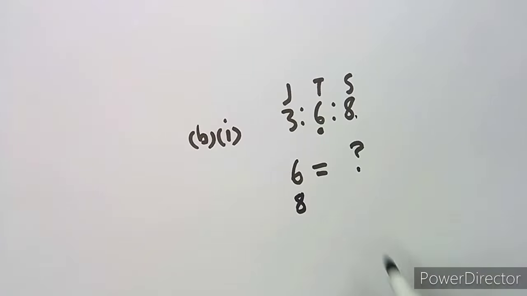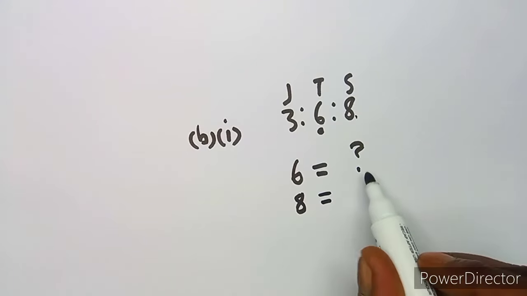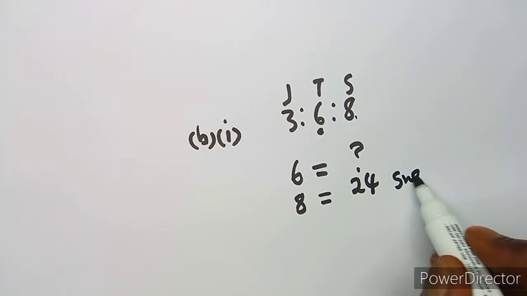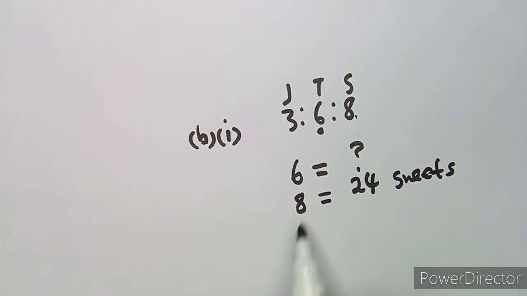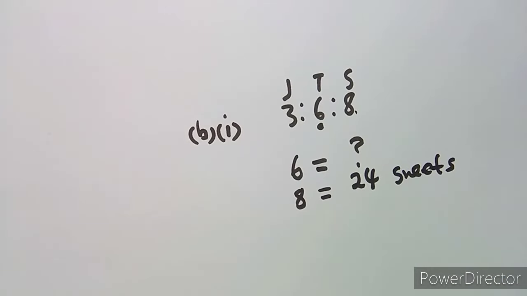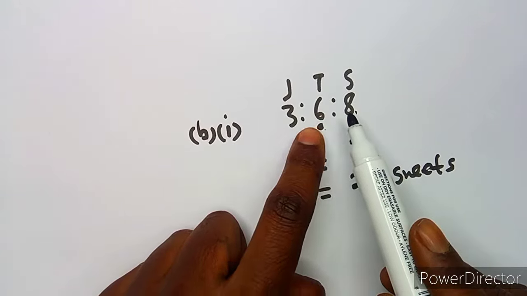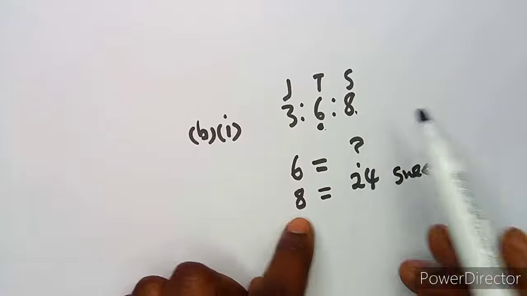So Sharai has got 8 according to the ratio, but according to the number of sweets, she has got 24 sweets. So using this part, I can be able to calculate any, because as long as you are given one, you can find any of your choice. Remember, I want to calculate the value for teacher. That is why we just focus on 6. This one is for teacher 6, and Sharai has got 24.